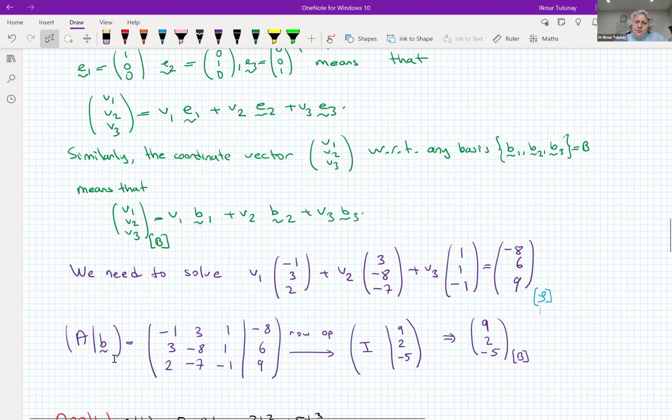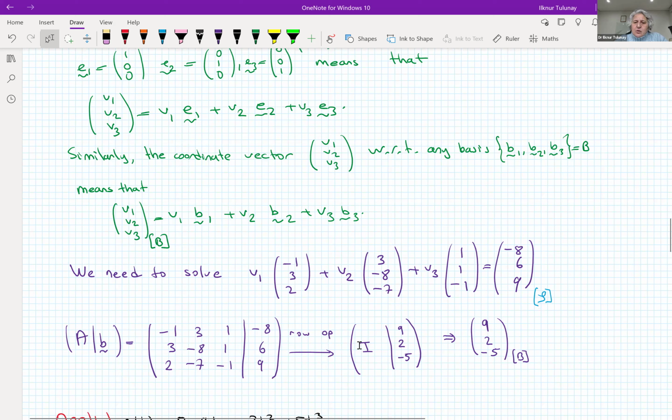Now this is a linear system of equations, and the unknown vector is v1, v2, v3. The coefficient matrix consists of these three vectors. On the right-hand side, the b vector is minus 8, 6, 9. If you do the row operations, I'm not doing this from here to here. There are several steps, but you can use some computer aid or whatever you like.